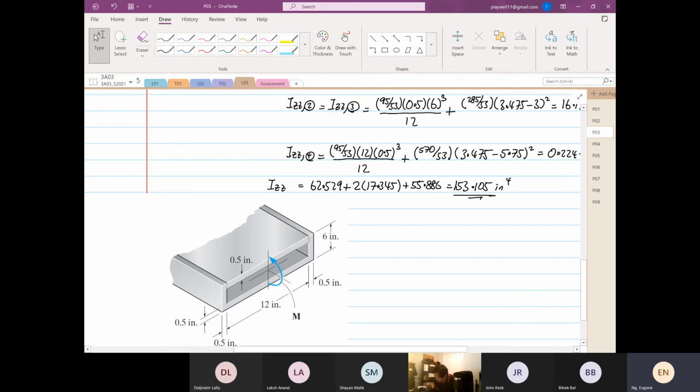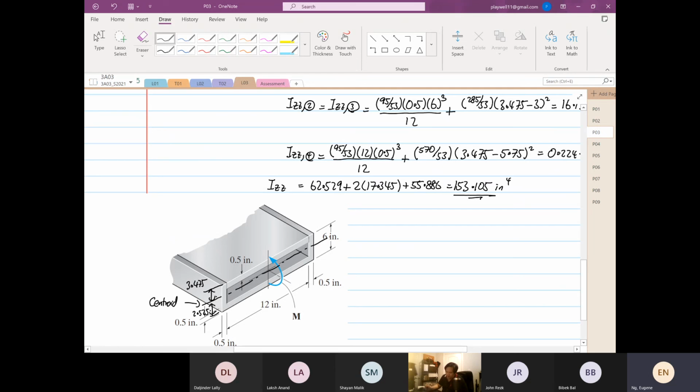Okay, so we know, if we do this from the top, I'm drawing the neutral axis now. Okay, so this is our centroid. And we know that this dimension from there to here is 3.475, and the dimension from here to here is 2.525.